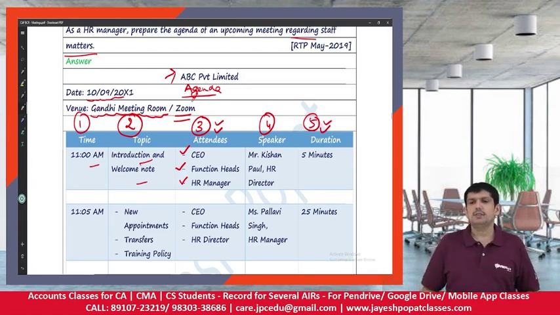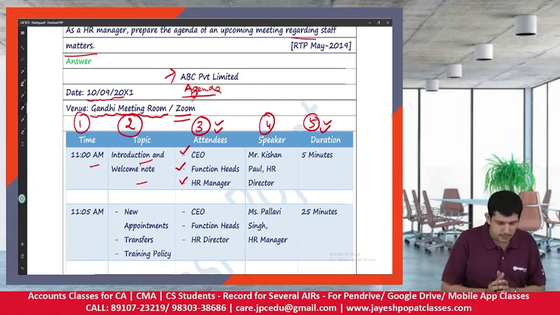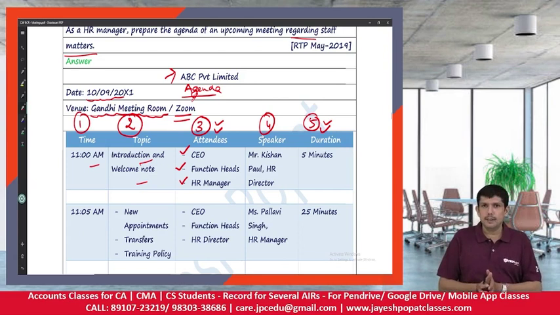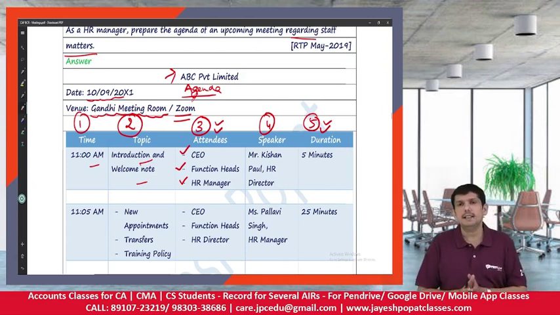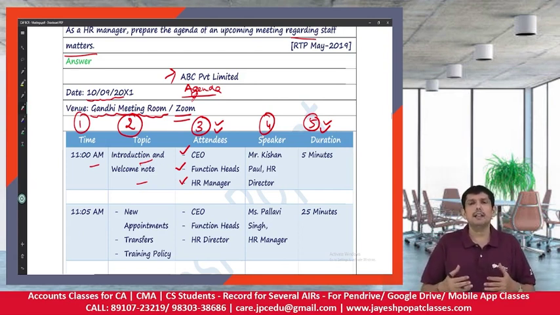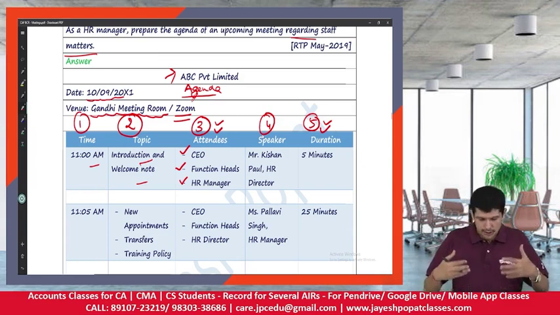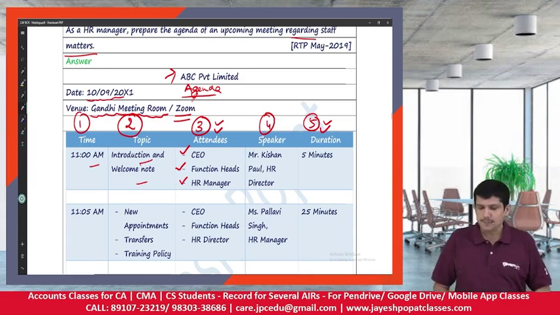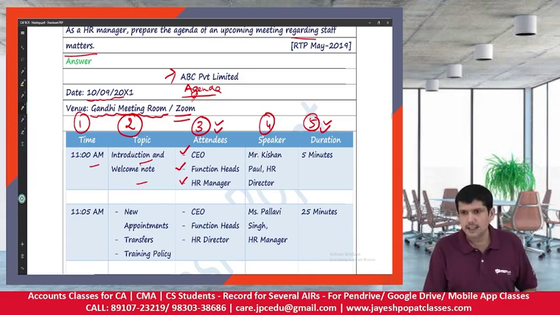Right, the attendees of this meeting, see, it's staff related matters which need to be discussed. So there will be higher level people who will attend this meeting and discuss this, because they will be able to, let's say, form strategies and policies and take decisions on important matters. So we have the CEO, the functional head, and the HR manager.